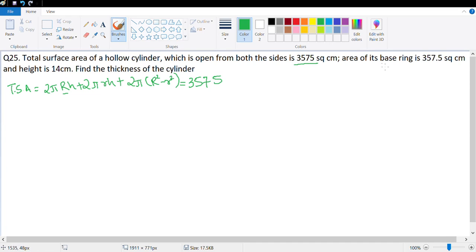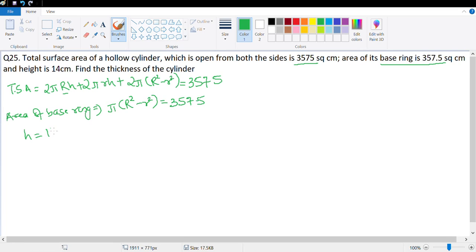Correct. The area of its base ring is 357.5, which means the area of the base ring, given by the formula pi times (R square minus r square), is equal to 357.5.